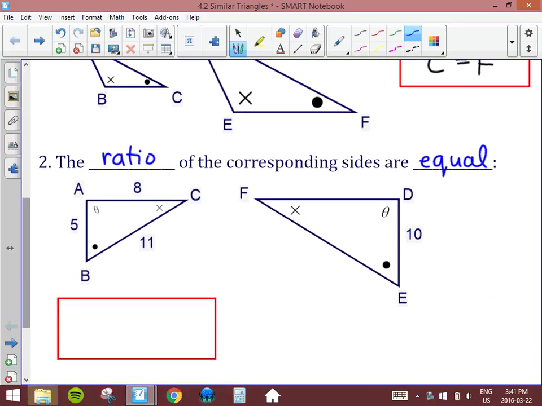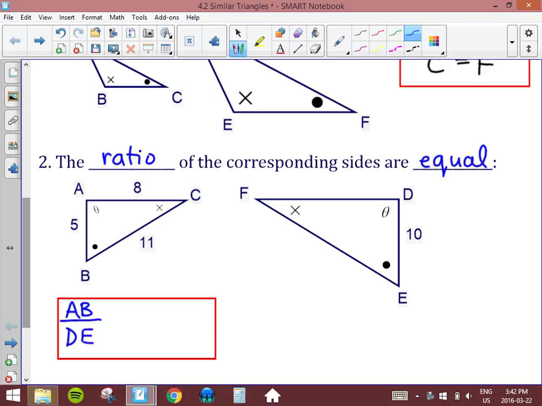In the triangles that I have here, again, triangle ABC is similar to triangle DEF. So I know that side AB is going to match up with side DE.